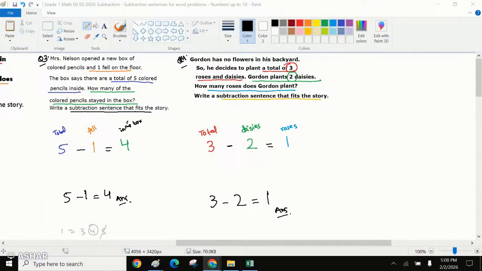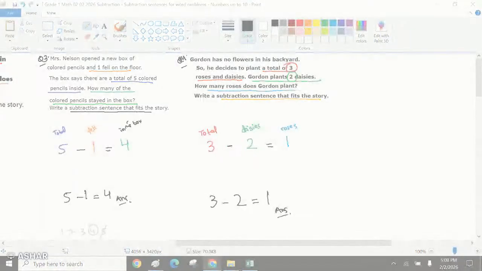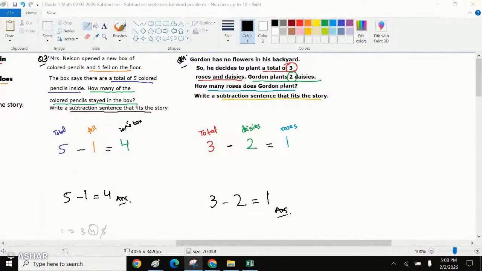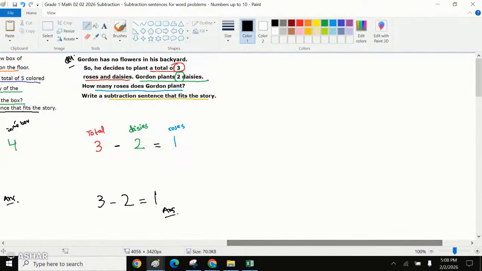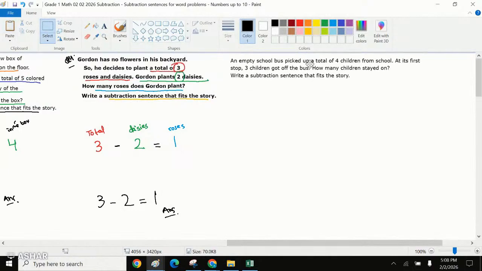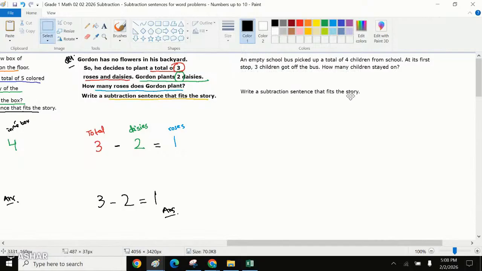It says an empty school bus picked up a total of 4 children. Okay, let's change the number. Let's try to make it a little interesting and a little difficult. I'll make some changes to the question.